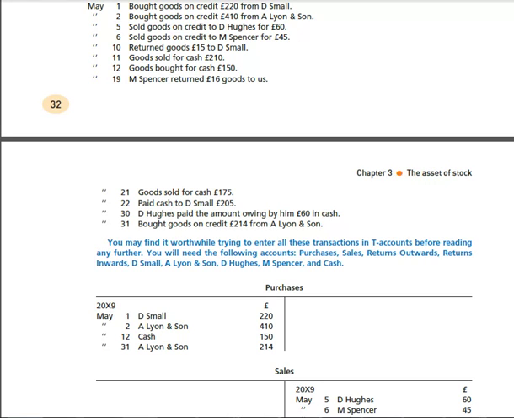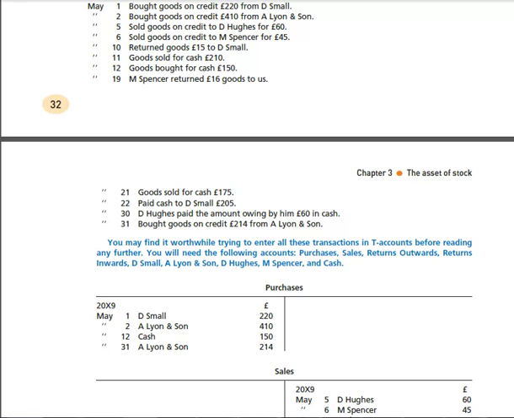Now, moving on to the next entry, this can be a bit tricky. Returned goods £15 to D Small. Now, we have returned goods to D Small. This means we first have to find out whether it's return inwards or return outwards. Because we have returned goods, it is return outwards because the returns have gone out. Whenever there is a return outwards, it means there is a reduction in stock, so the account is going to be credited.